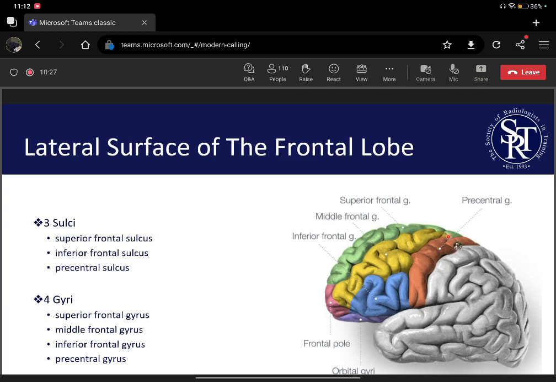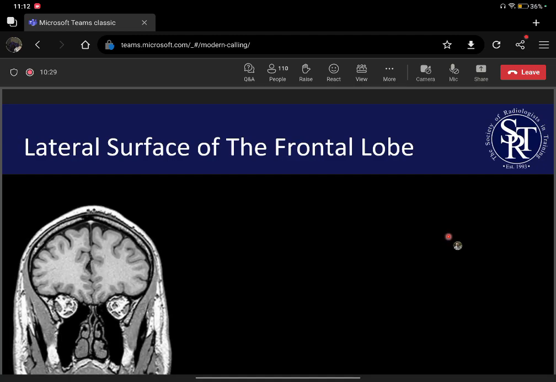Let's take a look at those on some images. So first we have a coronal MR, and we can see that we have an arrow pointing to a CSF space. So we know that this is CSF on this T1 image where the fat is very bright and the fluid is dark. So this is the right superior frontal sulcus.